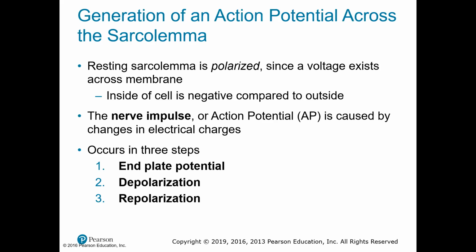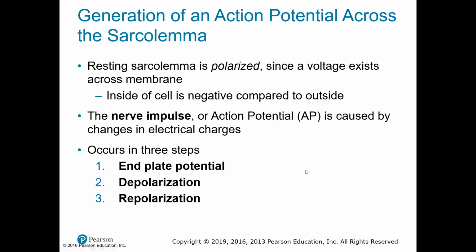If we hit threshold, then we will turn on voltage gates on either side of the motor end plate, and our depolarization will spread. The action potential will spread all the way across the muscle cell and down into it, immediately followed by a repolarization event where we put the charge back where it belongs.